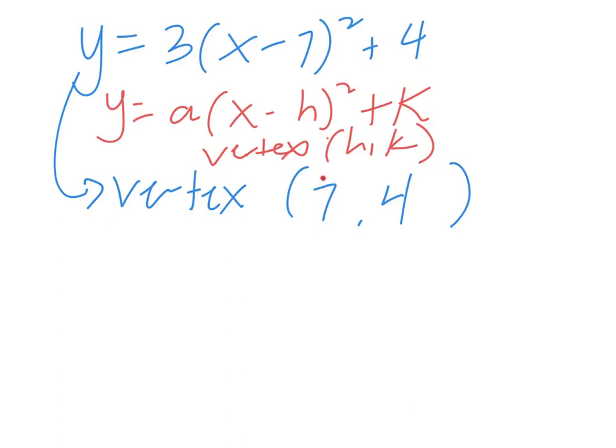So I'm going to get a vertical line at x equals 7, and then we could find other points, and we'll do that later. But I wanted to show you this and sort of how it works to begin with. The bulk of this lesson is going to be converting to vertex form.